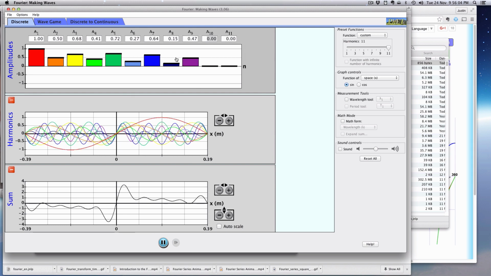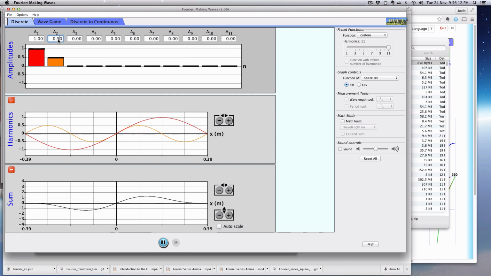Let me just go back and see if we can do just one add and subtract here.